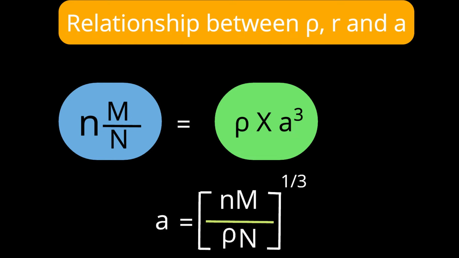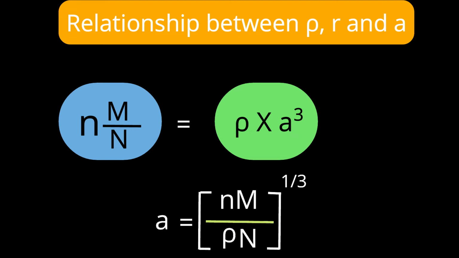From first equation, mass of the unit cell is equal to n into M divided by N. And from this previous equation, mass of the unit cell is equal to rho into a cube. If I rearrange the term, I can find a cube is equal to n into M divided by rho into N, then what will the value of a?